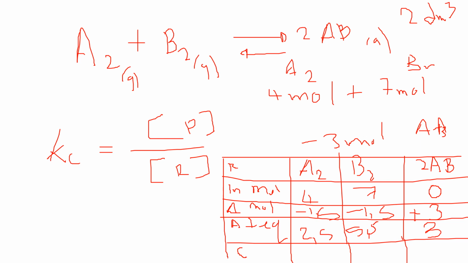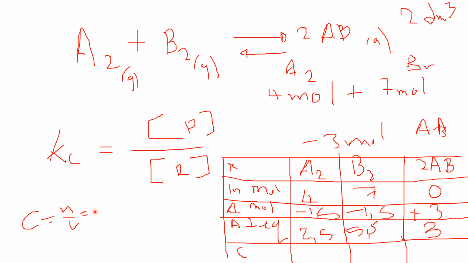So your concentration equation is actually C equals n over V. So we have the number of moles at equilibrium. Remember this is an equilibrium constant, so basically we want the concentration at equilibrium. So we are looking at equilibrium here.